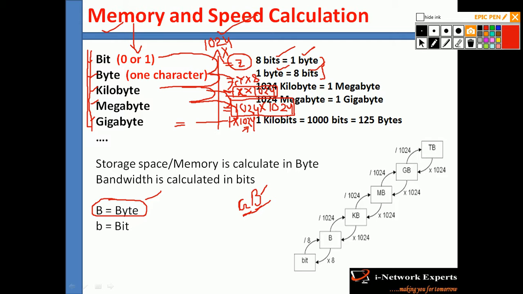I have a 16 GB memory chip, used in mobile, so that means I have 16 gigabyte memory. Storage space is calculated in byte, bandwidth is calculated in bit. Do not forget.